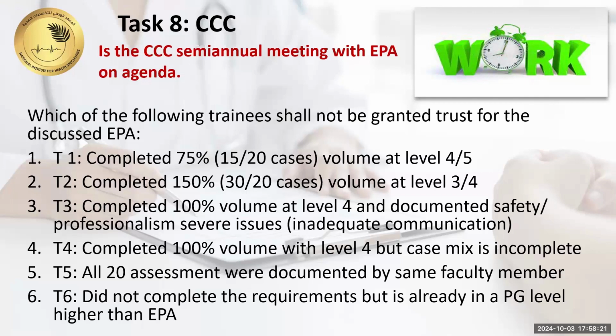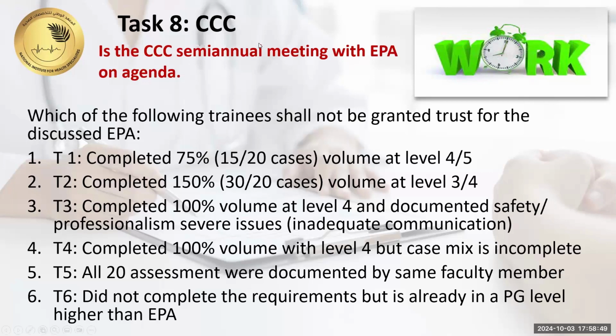But you remember there were 3 procedures there. He only has 2 procedures. The third was not done at all. Then number 5. Number 5 has all 20 assessments documented by 1 faculty only.